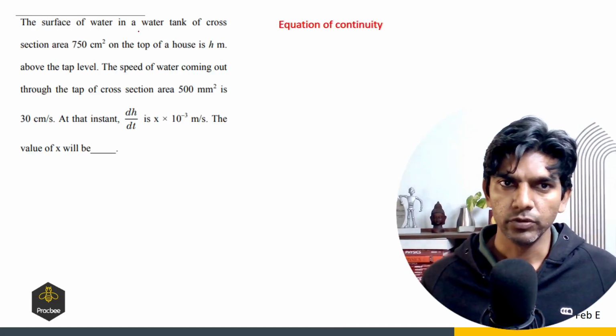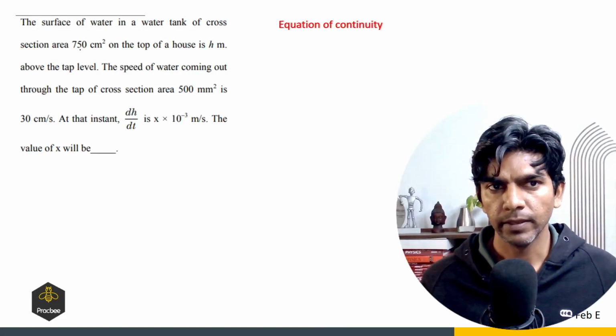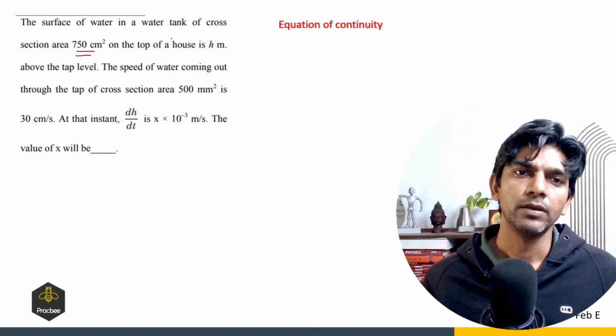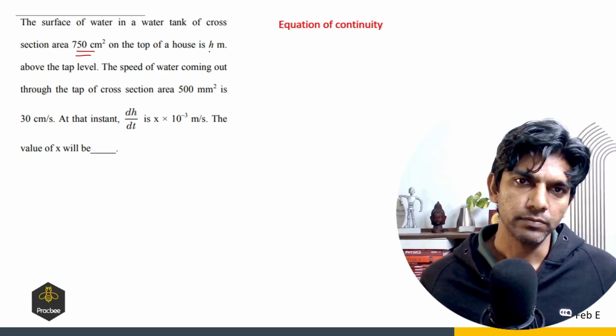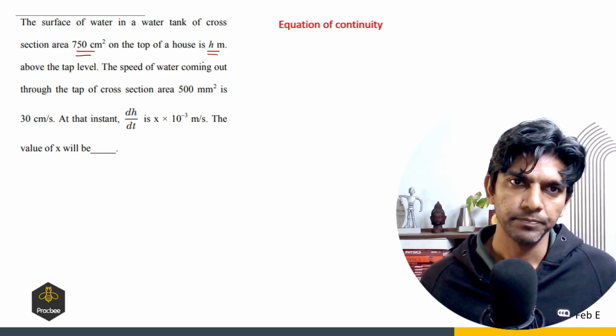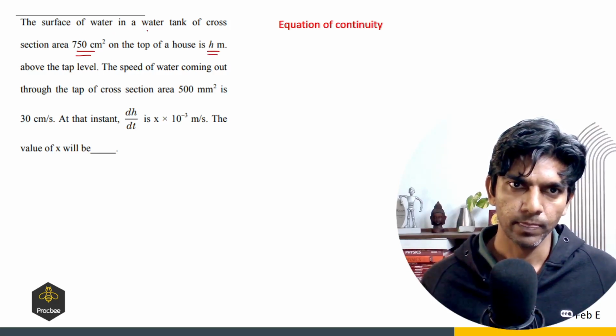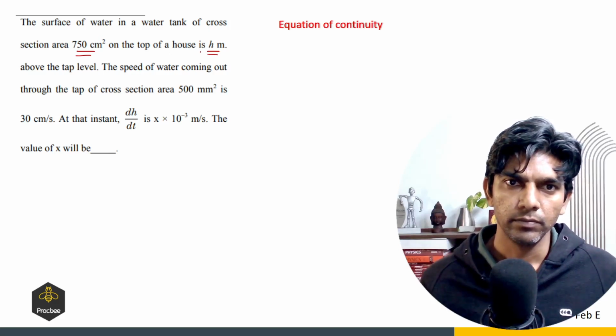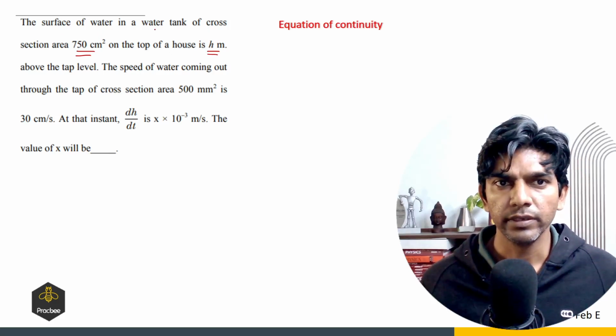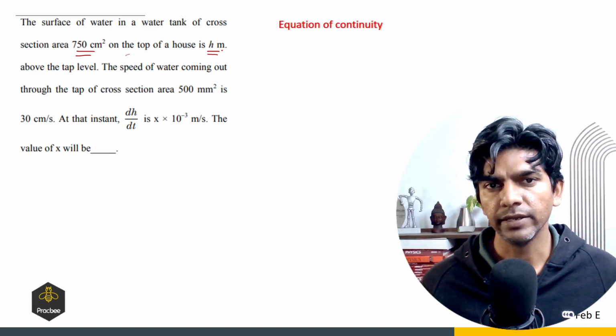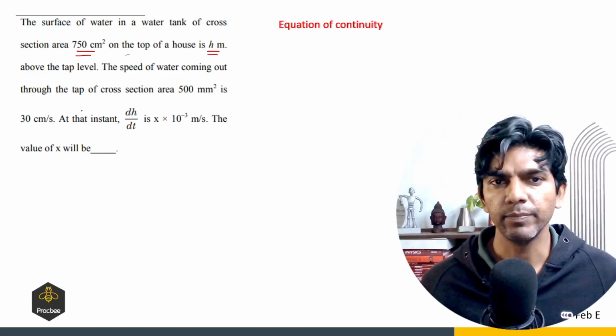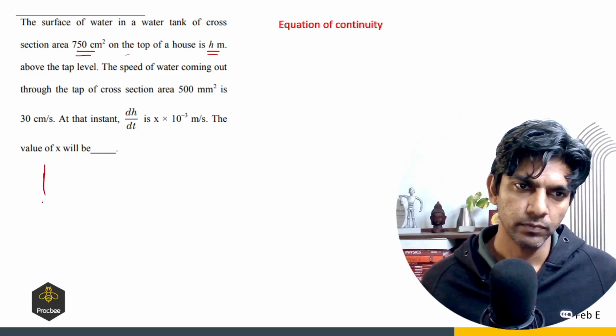Okay, the surface of water in a water tank of cross sectional area 750 square centimeter on the top of the house is H meter above the tap level, okay.